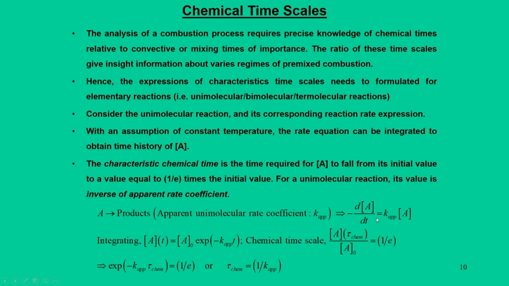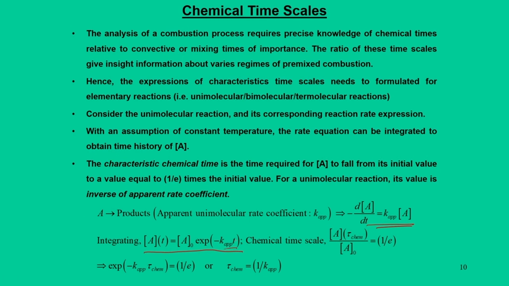We can find how the concentration of A changes: d[A]/dt, with a negative sign since the concentration drops with time, is equal to k apparent times the concentration of A. This equation can be integrated to give the concentration of A at time t equal to the initial concentration of A, at the beginning, times e to the power minus k apparent times t.